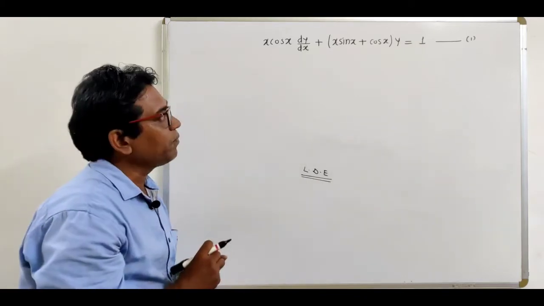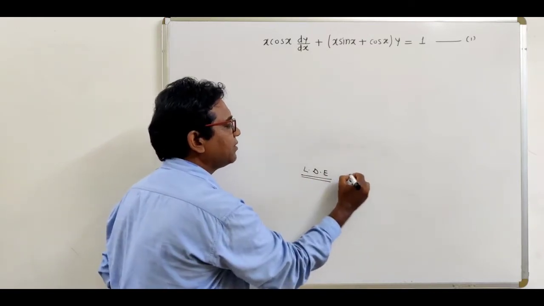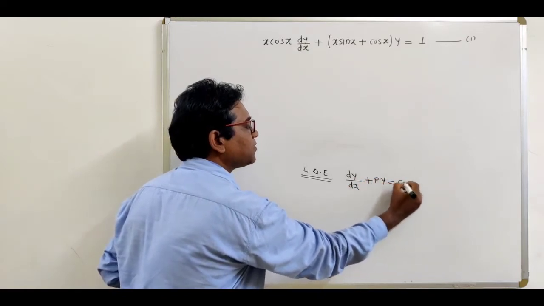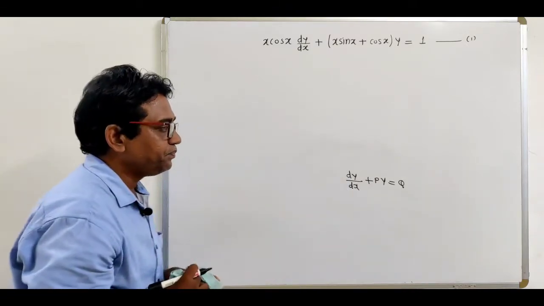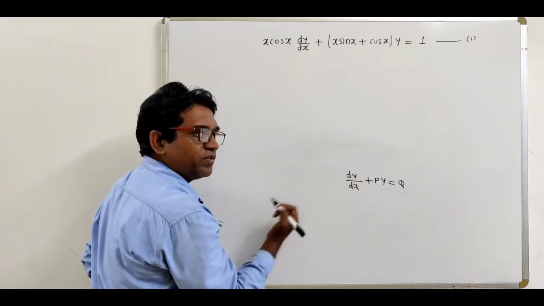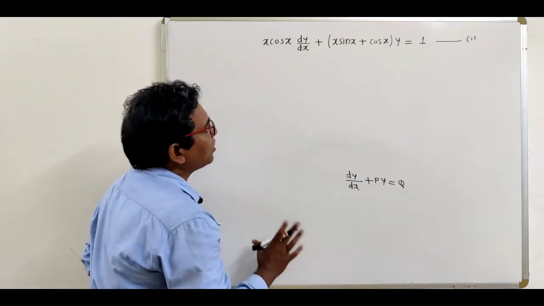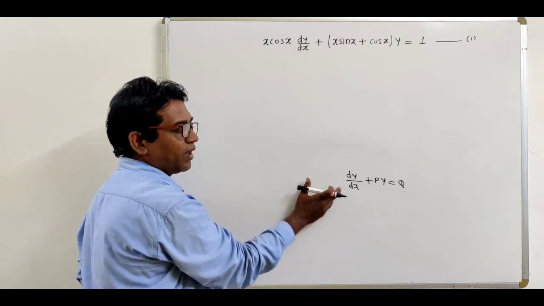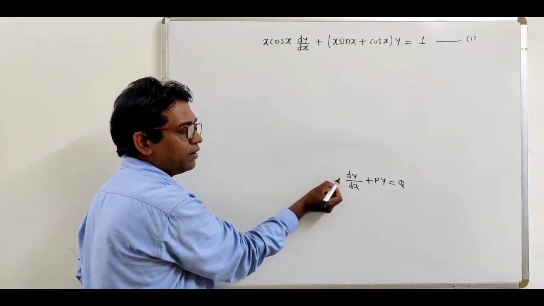So what is our first step? Anyhow convert this differential equation into the standard pattern. What is the standard pattern? A differential equation of the form dy by dx plus py equal to q is called a linear differential equation, where the coefficient of dy by dx should be 1.